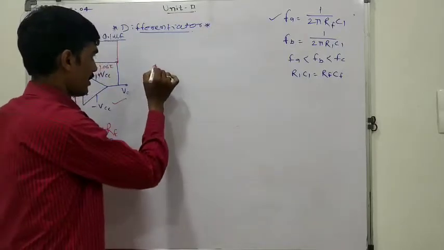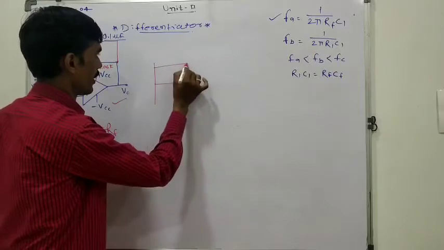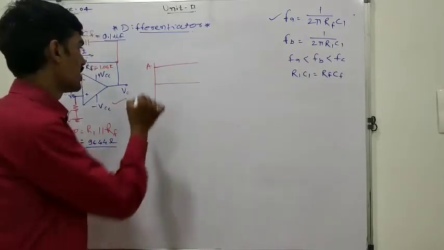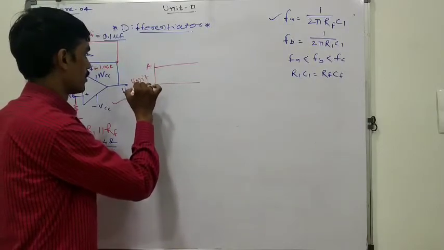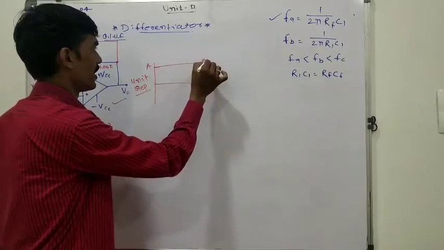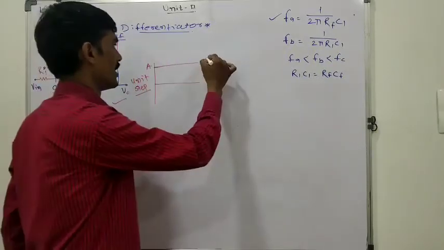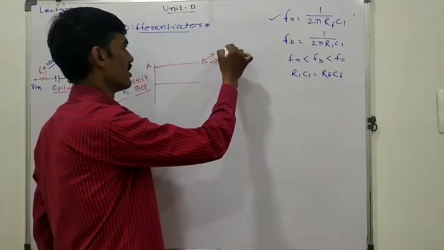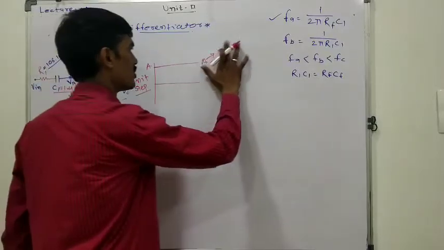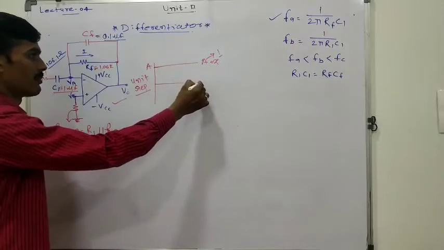Now if we provide a constant amplitude of A, or a unit step input, where A may be 1 volt, 2 volt, 3 volt, any constant value, here we assume its value is 1, or A. This is the time axis.